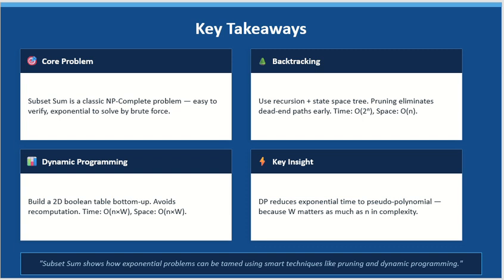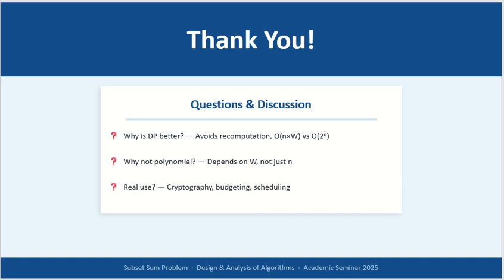The key idea is to optimize by avoiding repeated work. So that's it. We discussed dynamic programming, backtracking, what the subset sum problem is, and how to solve it using both approaches. Thank you.